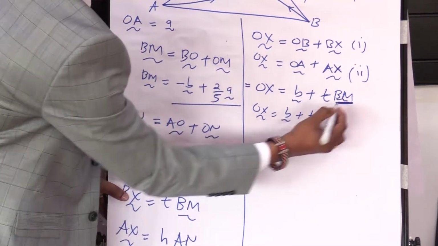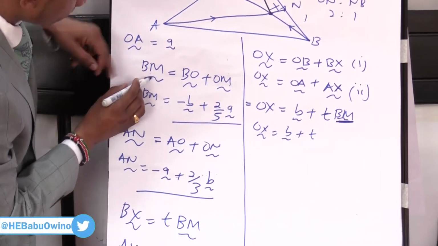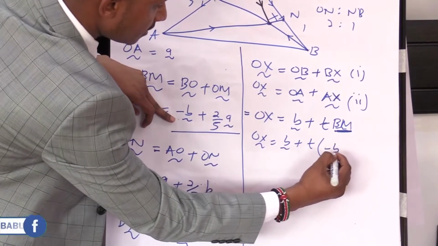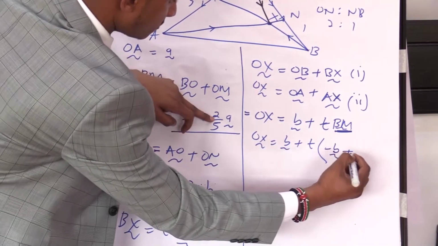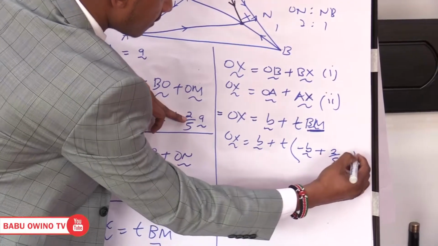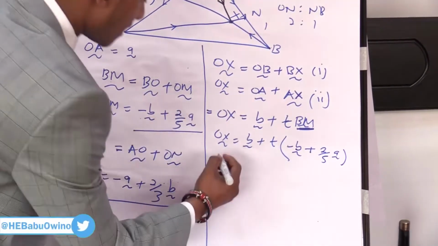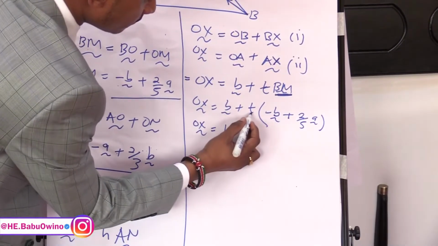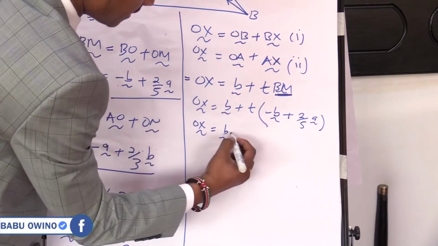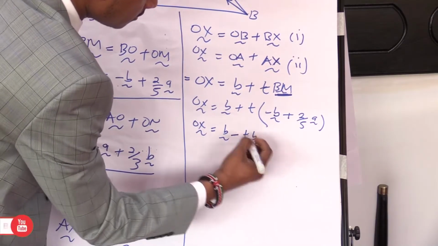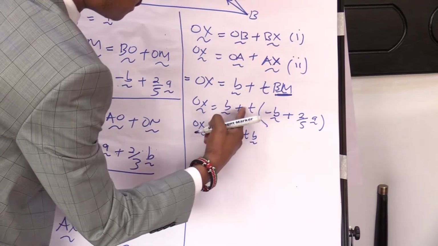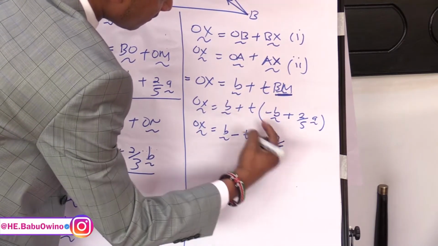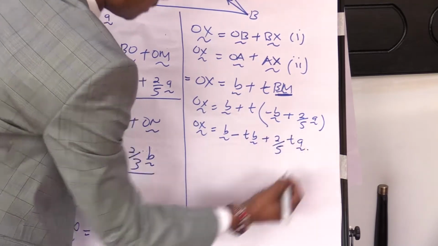BM is here. BM is given by, you already solved it here, which is minus B plus 2 over 5 of A. So when you open this up, OX equals B. Use scalar T to open the bracket: T times minus B is minus TB, plus 2 over 5 of TA.